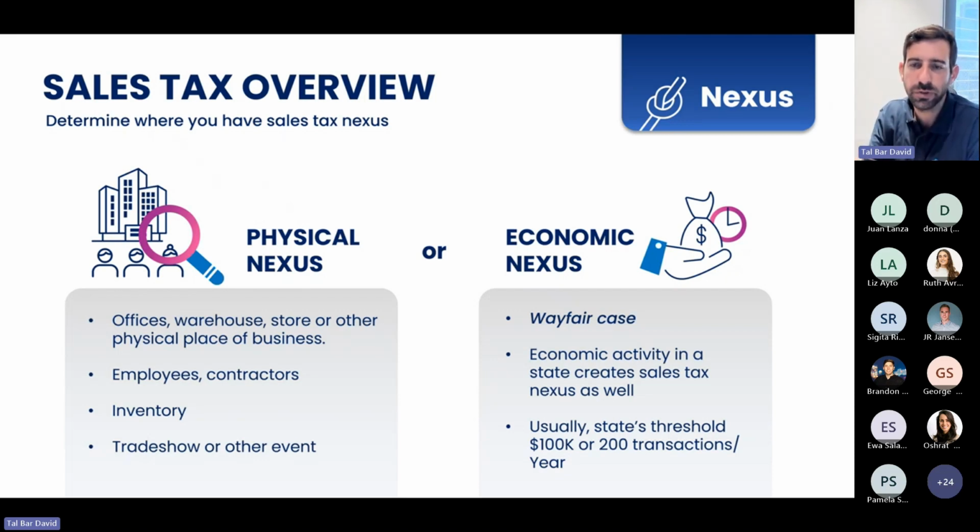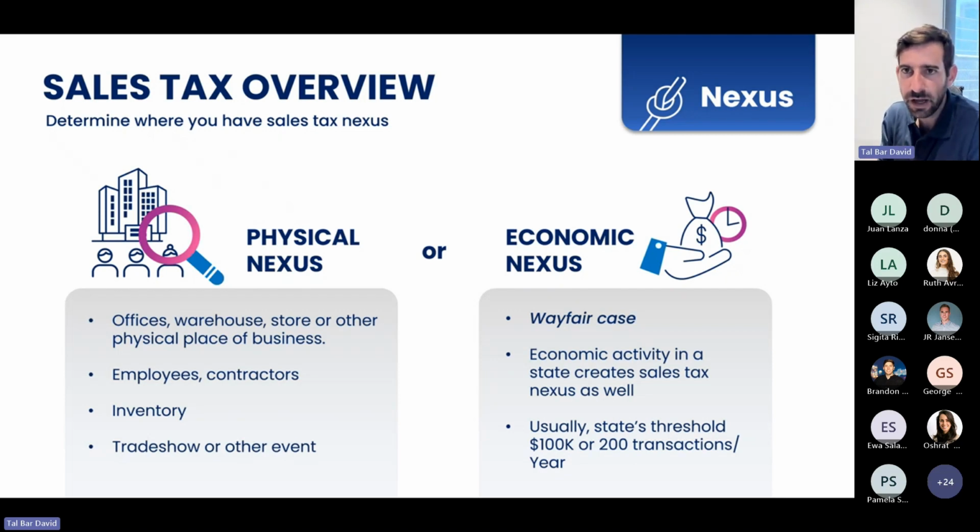This is most of the states, but we still see some states that have a higher threshold, like New York, for example. New York has a $500,000 threshold and 100 transactions. So it depends on the state, but again, generally speaking, most states' threshold is $100,000 or 200 transactions.